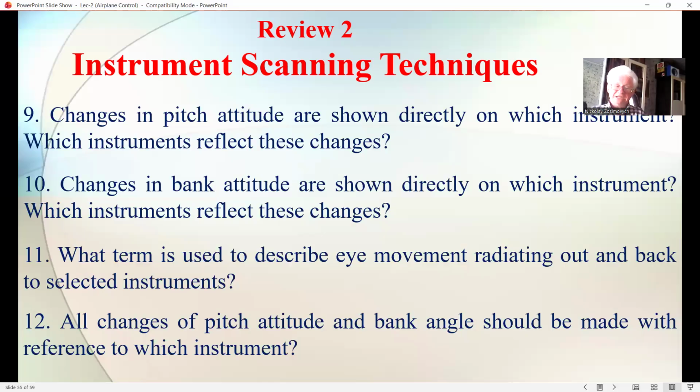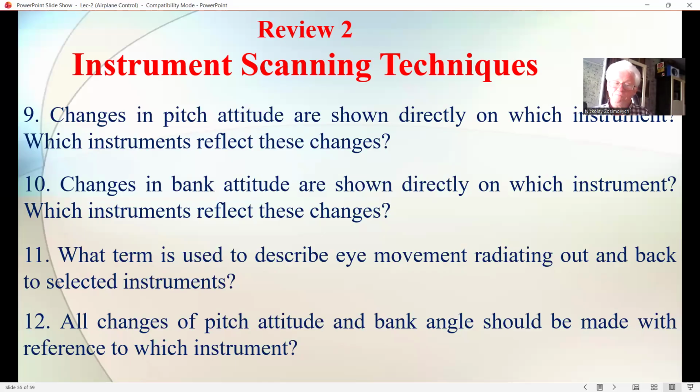10. Changes in bank attitude are shown directly on which instrument? And which instruments reflect these changes? 11. What term is used to describe eye movement radiating out and back to selected instruments? And 12.